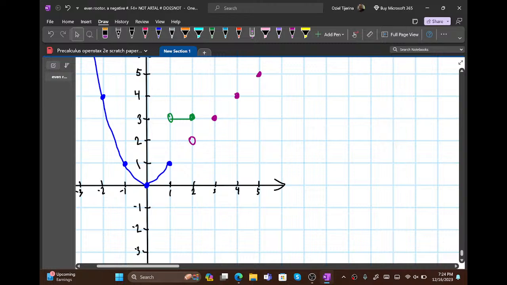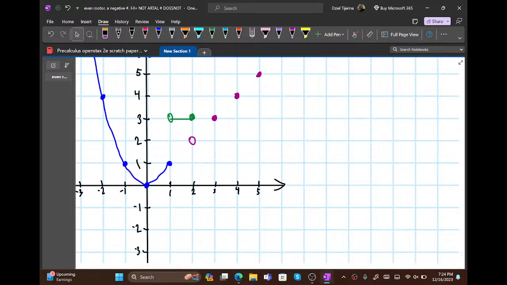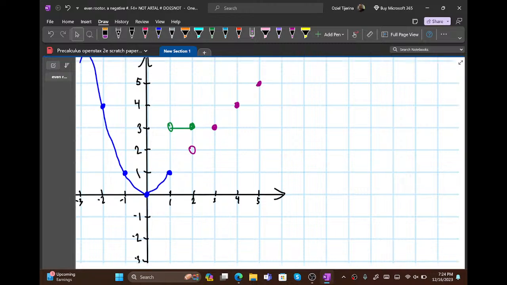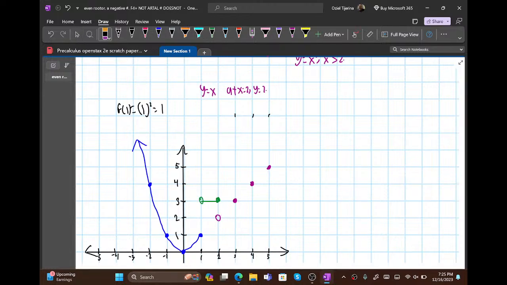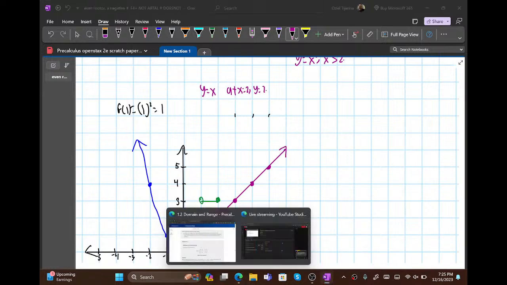You just have to be very careful with the restrictions they give you. These are very tricky to graph. It takes a little bit of thinking. I do believe that's how you graph it.